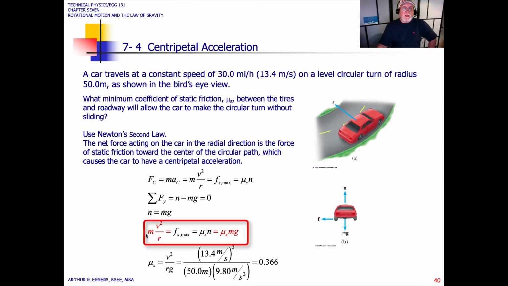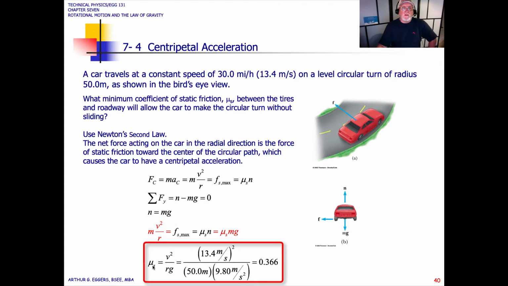So if we go back to our relationship, the mass times the velocity squared divided by the radius is equal to that force of static friction, μs times n. We get μs times the weight of the car, mg.